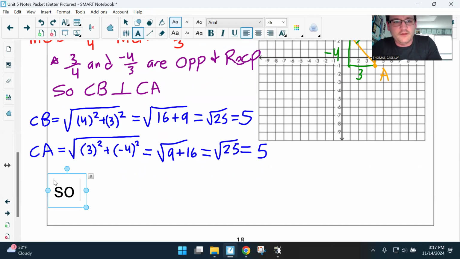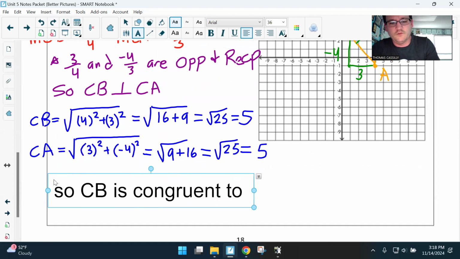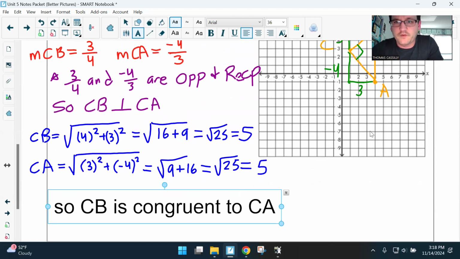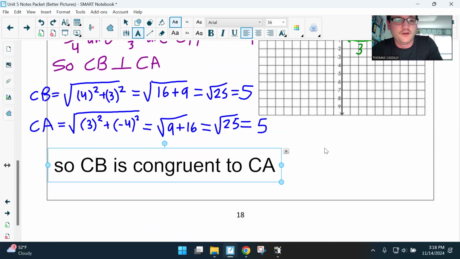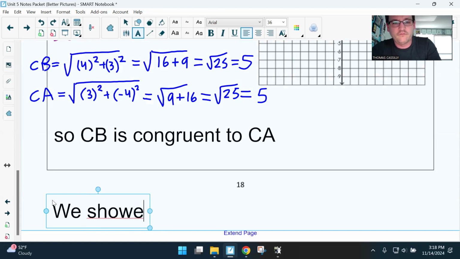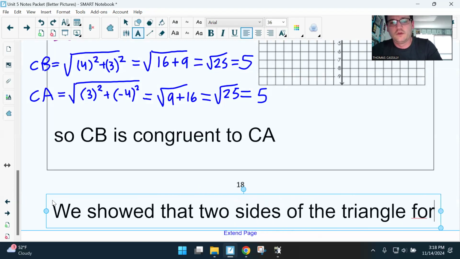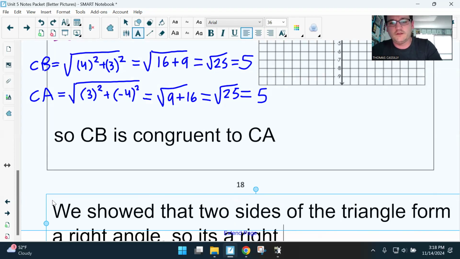So CB is congruent to CA. We showed two sides are congruent. Let's recap. We showed that two sides of the triangle form a right angle, so it's a right triangle.